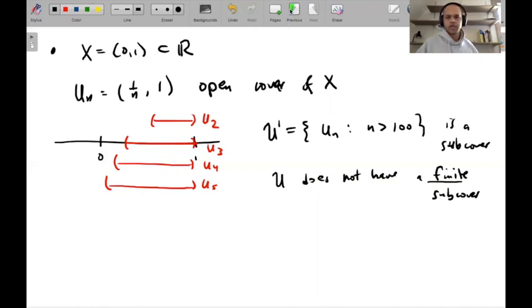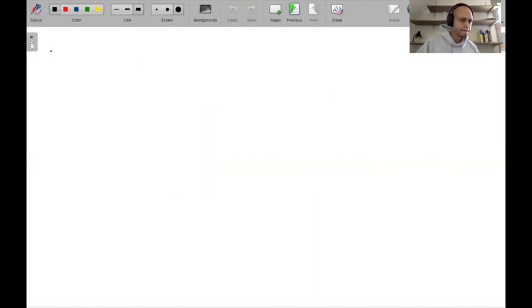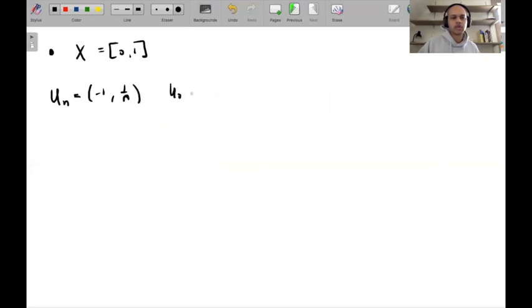One more example. Now let's take X to be the closed interval from 0 to 1. Let's take U_n to be (-1, 1/n), and U_0 to be (-1/2, 2). So this is an open cover.